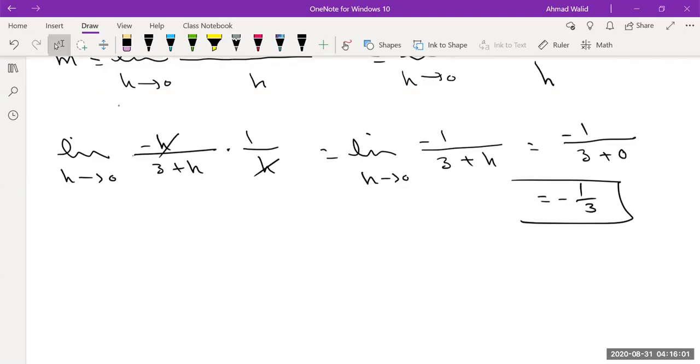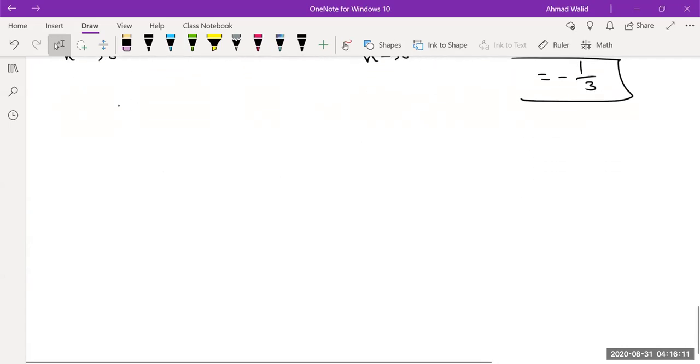I'll wait, because this topic comes again in the future. I will not discuss the velocity problem here. In the next chapter or the chapter after that, we will definitely discuss how to use derivatives in physics, even as it comes back in calculus too. We will discuss that later.